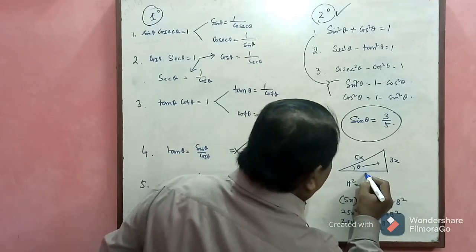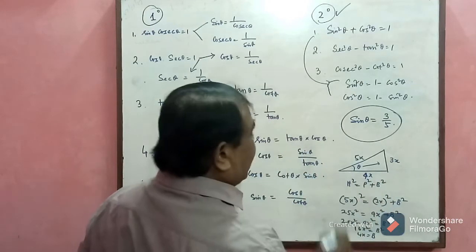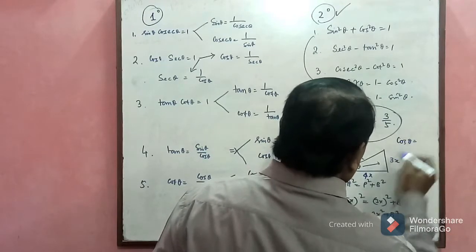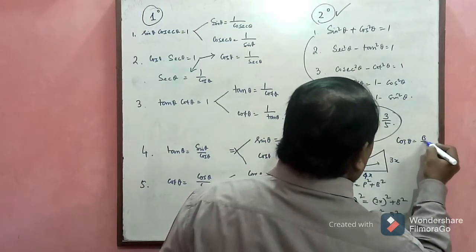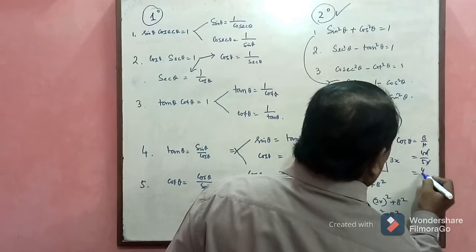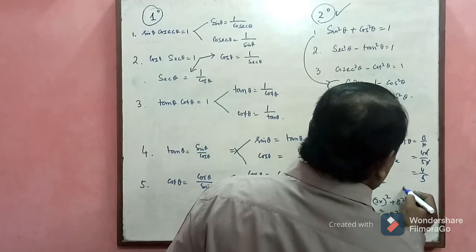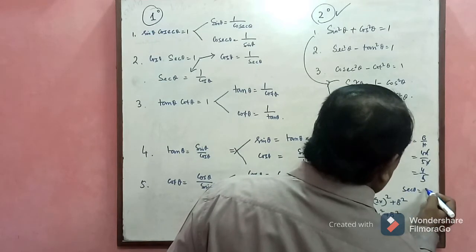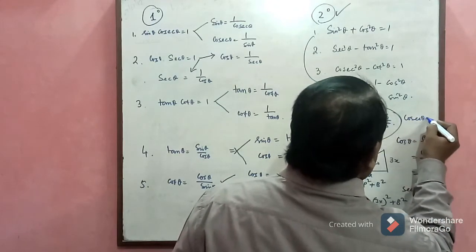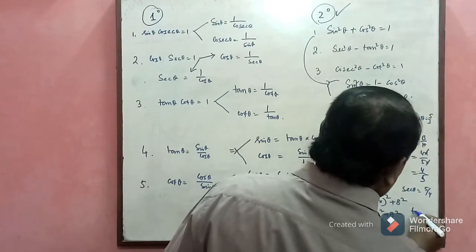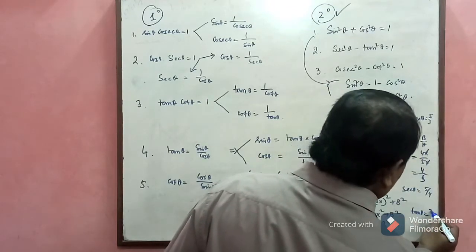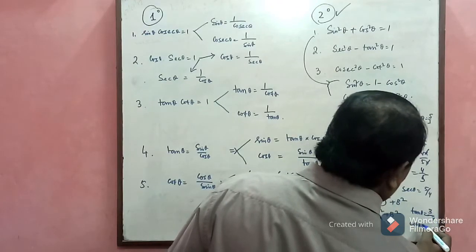So this is base. Then we can write cos theta is equal to base upon hypotenuse, b upon h. This is 4x upon 5x, which is 4 upon 5. Sec theta is the inverse of cos theta, 5 upon 4. Sin theta is 3 upon 5, so cosec theta I can easily write as 5 upon 3. Tan theta is perpendicular upon base, 3 upon 4, and cot theta is 4 upon 3.